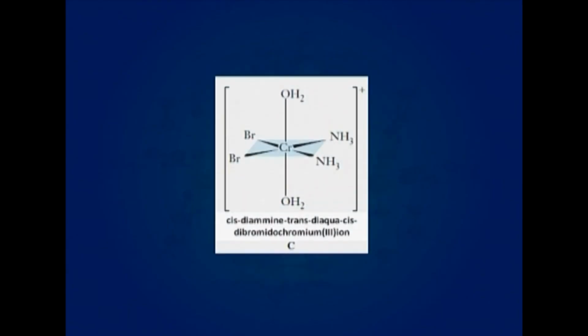In third form C, the members of one of the pairs may be trans to each other, but the members of the other two pairs are cis. Hence, this will be named as cis diammine, trans diaqua, cis dibromido chromium(III) ion.